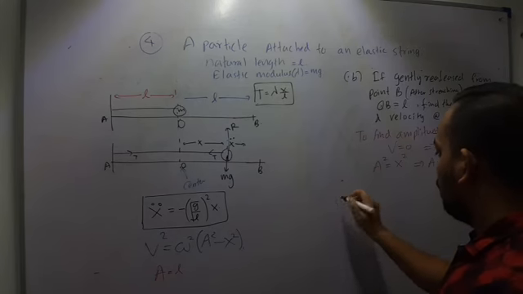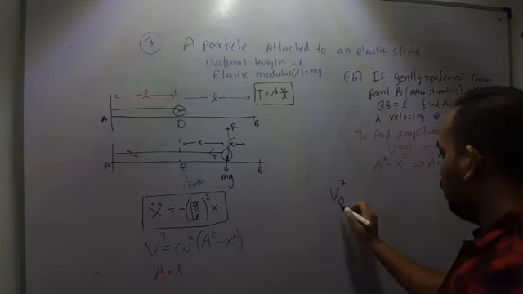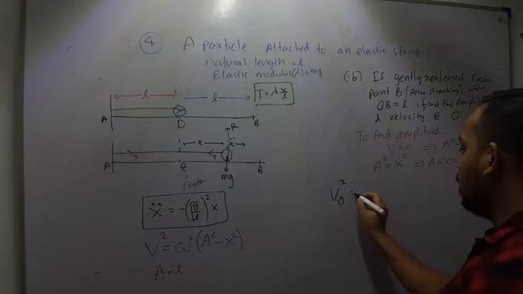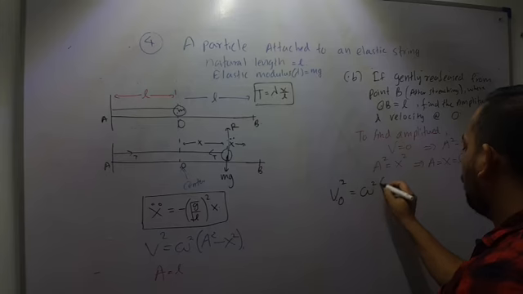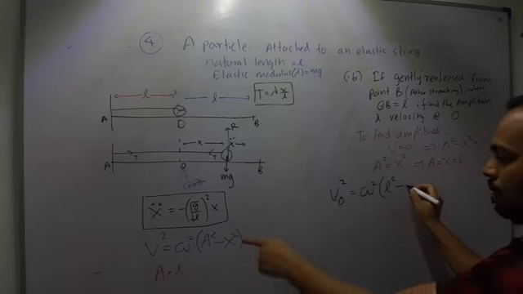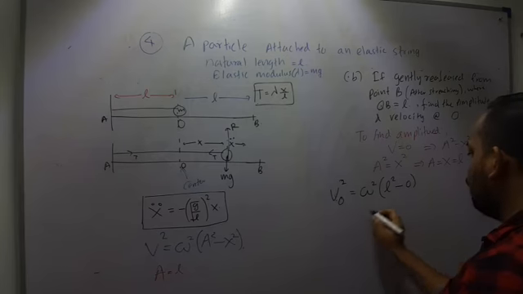So let's say v squared at O is omega squared times (a squared minus x squared). Now a squared is L squared, and x has to be 0.